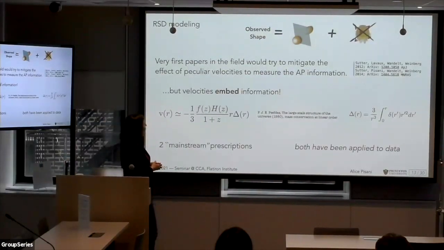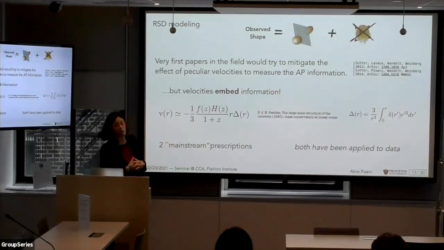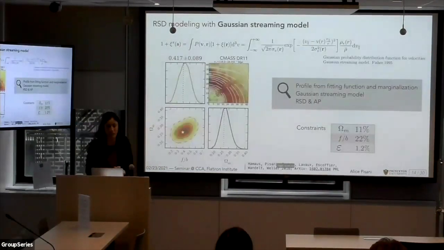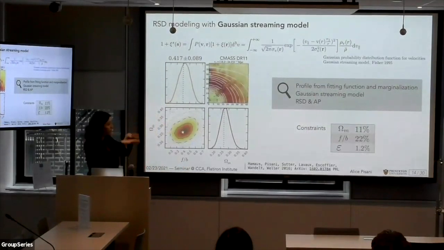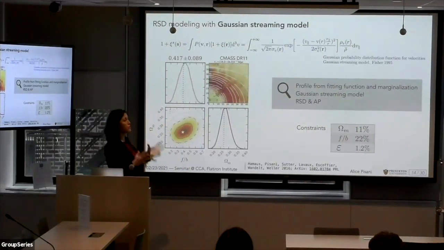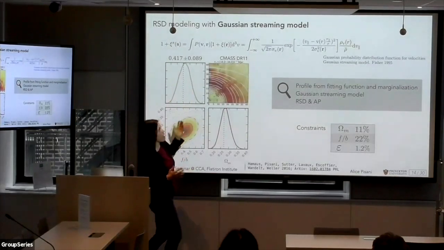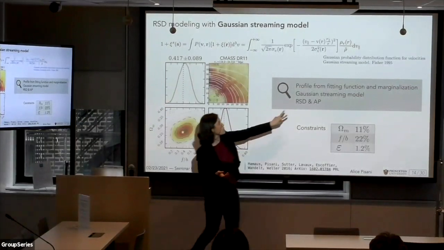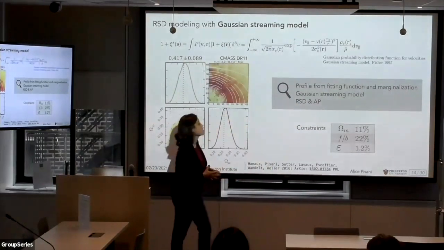So we actually have now two mainstream prescriptions to deal with and control redshift space distortion, and both have been applied to data. Let's start with the first one. The first one involves describing the velocities around voids with a Gaussian probability distribution function. If you do this and you assume a profile as a fitting function, the one I was describing before, you can model both the Alcock-Paczynski effect and the redshift space distortion in the framework of this Gaussian streaming model.